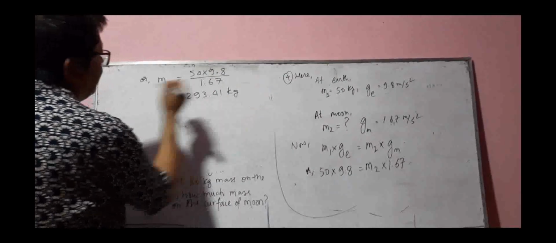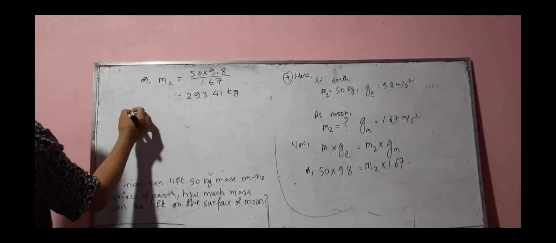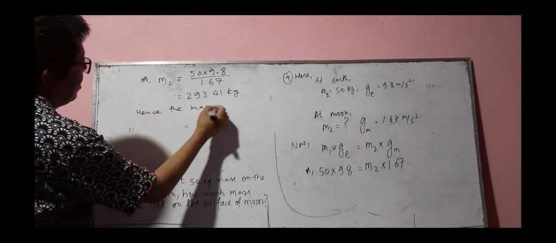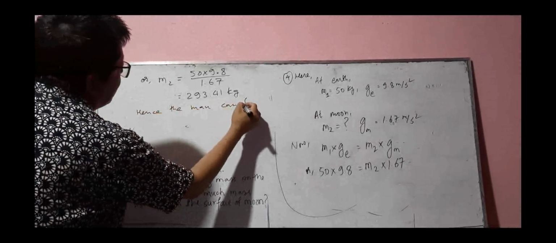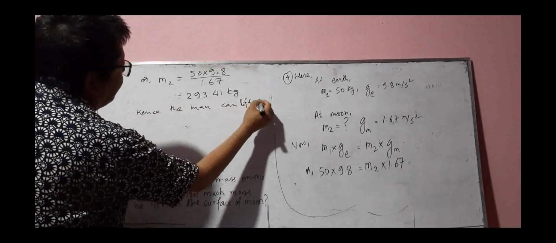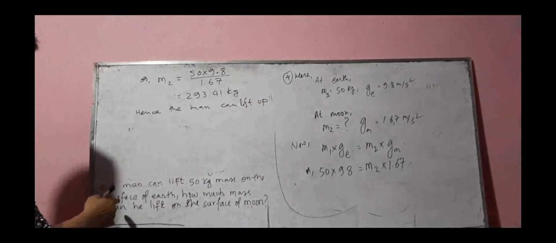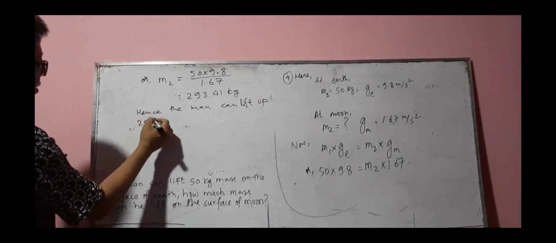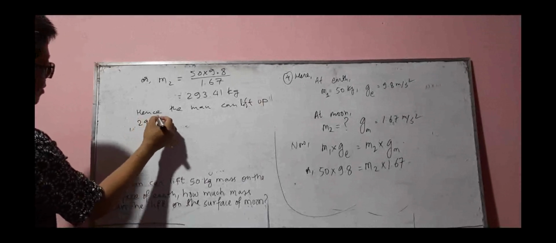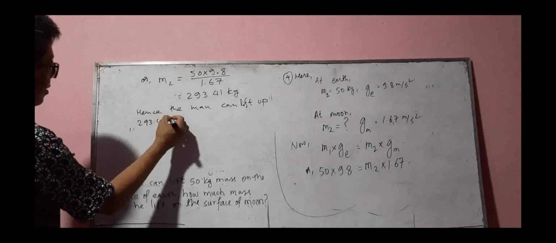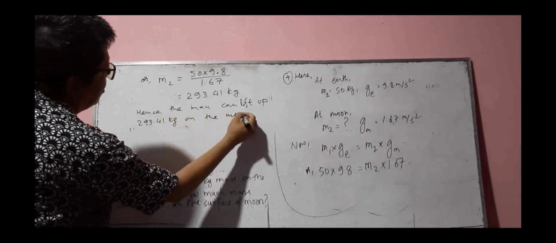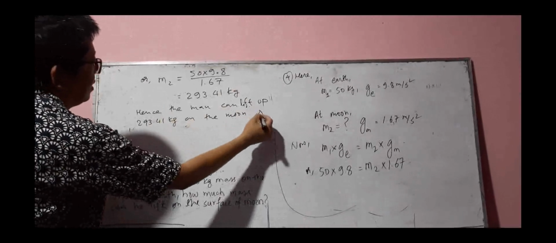Okay, it is in kg. So hence the man can lift up 293.41 kg on the moon. This is the answer.